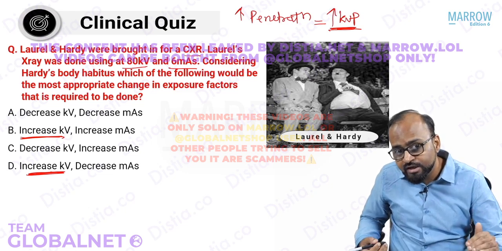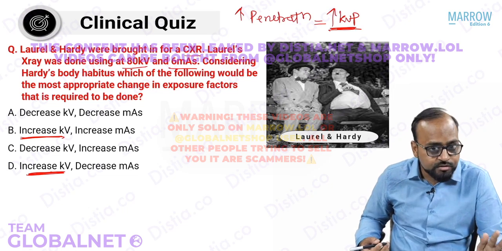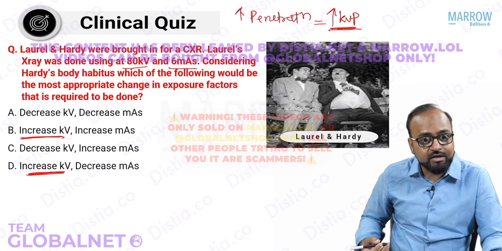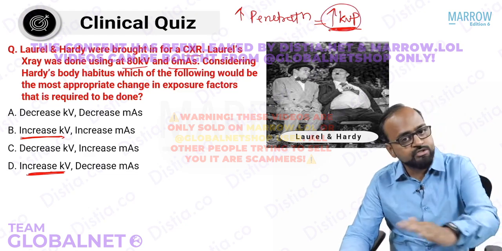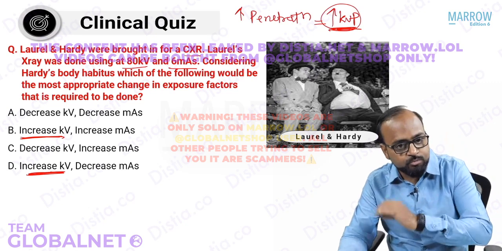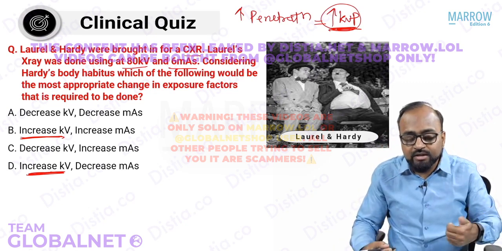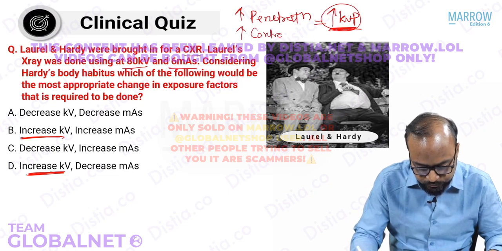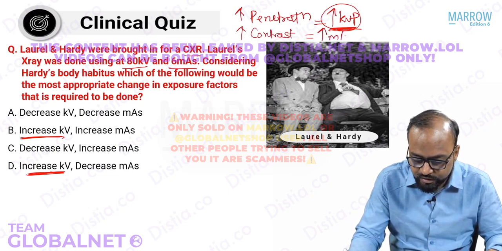But when we increase kVp, we know that kVp is inversely proportional to contrast, so it will decrease the contrast. We have mAs, and we know mAs is directly proportional to contrast. Because we are using increased kVp, it is going to decrease the contrast of the image, so we try to compensate by increasing the mAs.